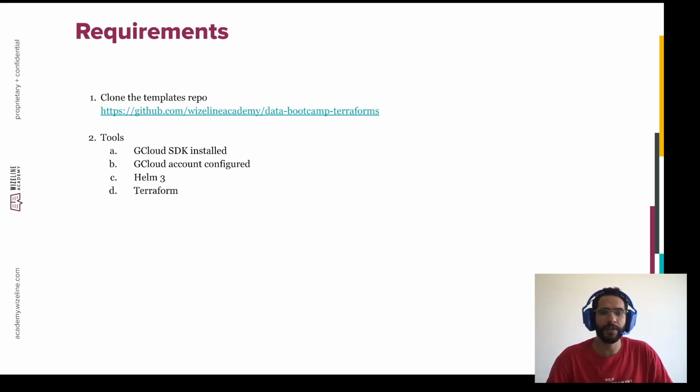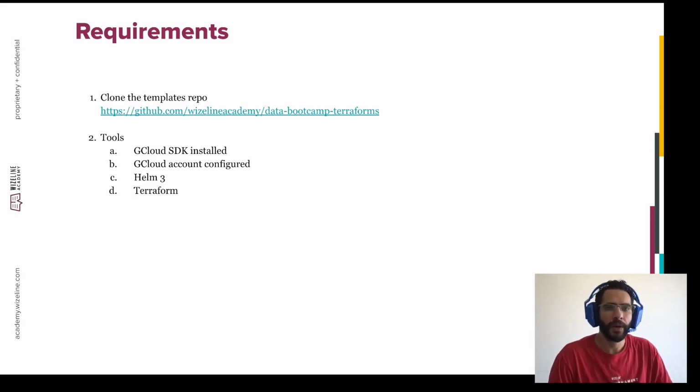We're also going to need our account already configured in our Google Cloud. Those are quick steps that you can do. And also, we're going to need Helm version 3, and of course, Terraform already installed.